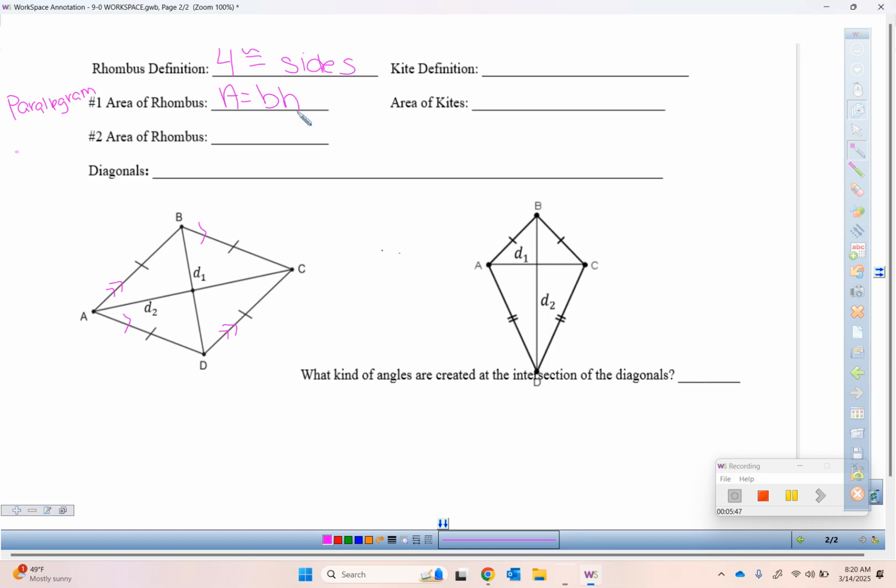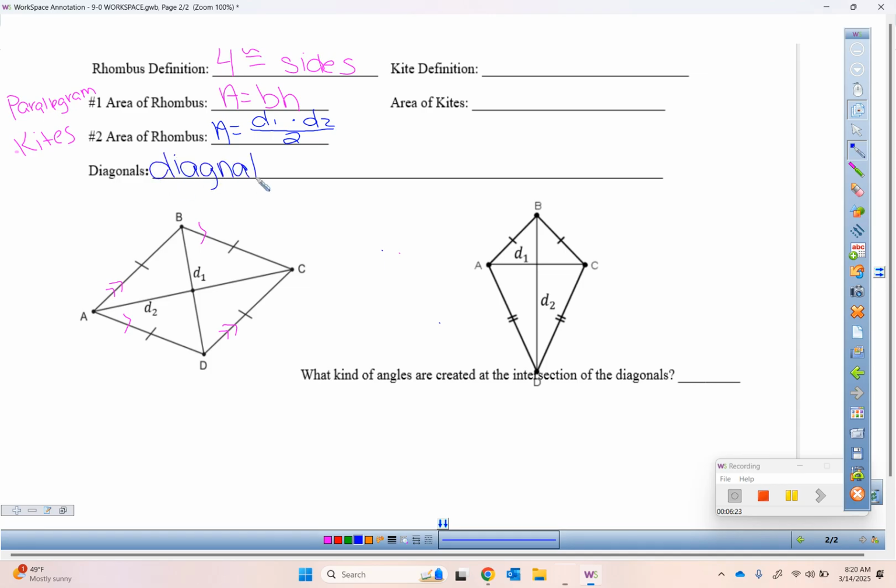And then we have rhombuses that are also like kites. That kind of area is going to be A equals diagonal 1 times diagonal 2, all divided by 2. I'm going to come back to this in a little bit after I talk about the kite. And then we're going to talk about diagonals real quick.